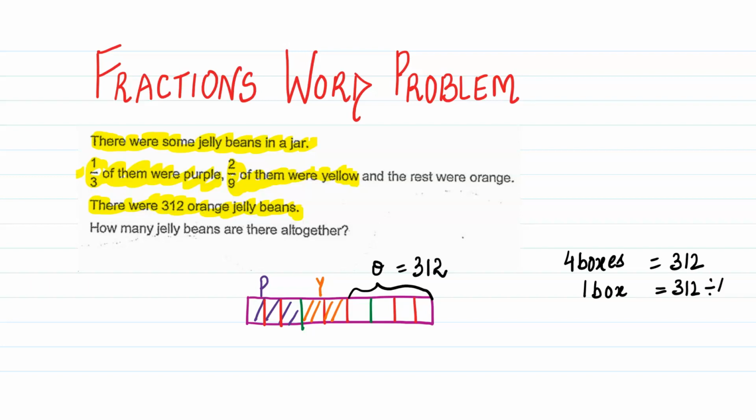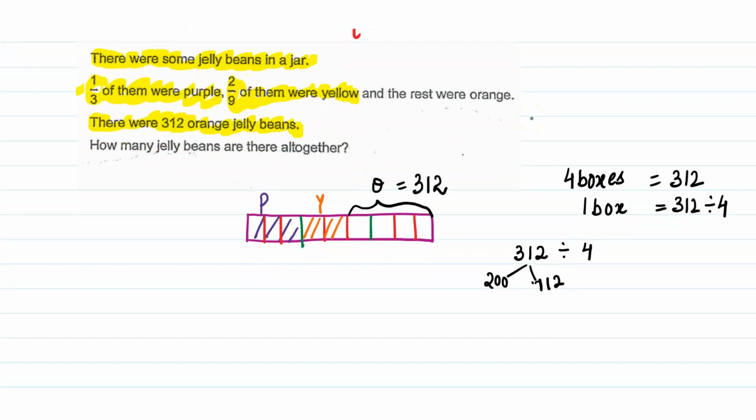312 divided by 4. Now when you do 312 divided by 4, you can simply take out 200 and 112. So 200 divided by 4 will be 50.